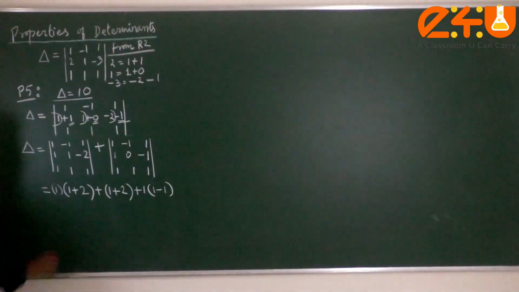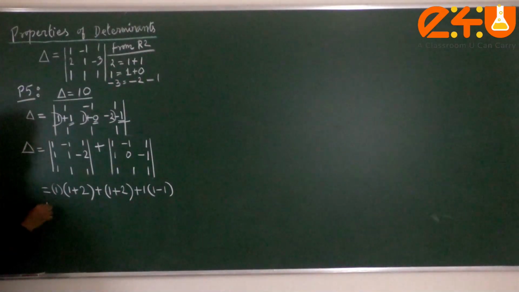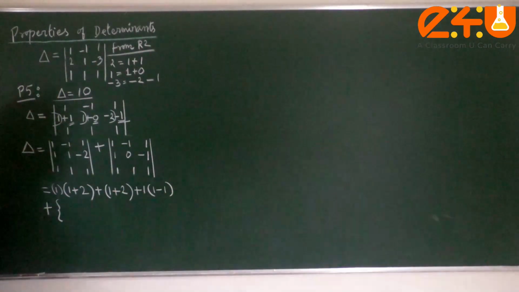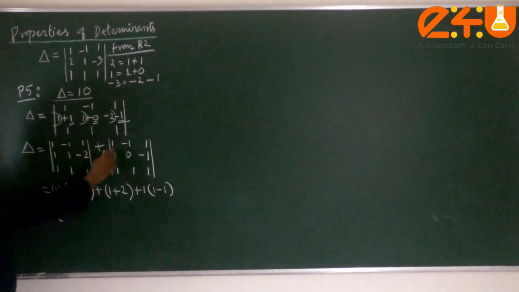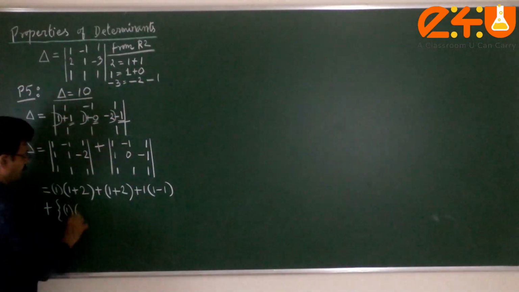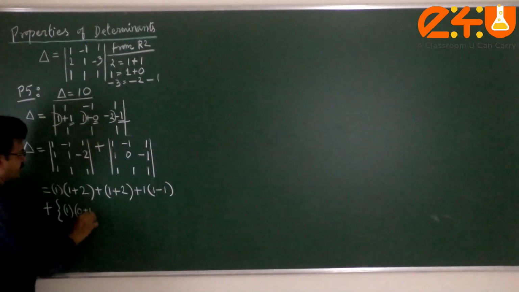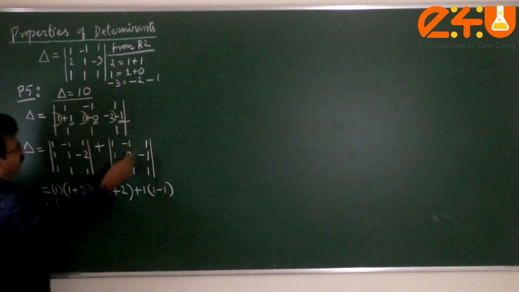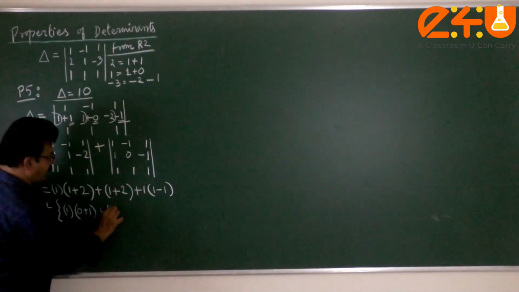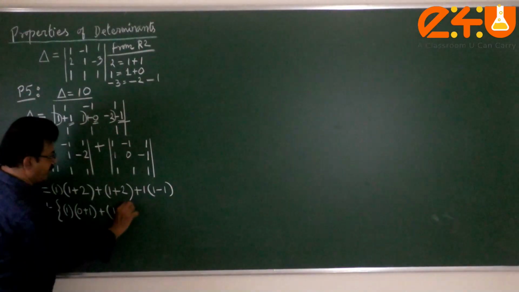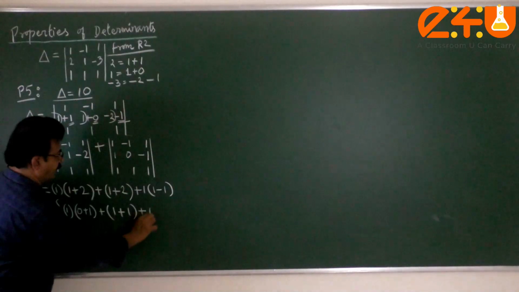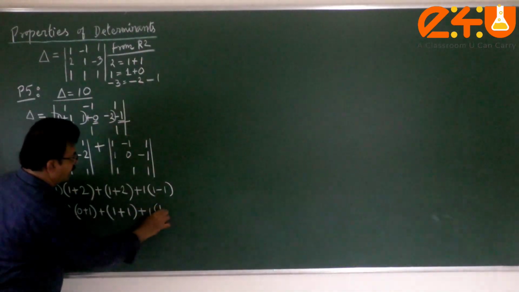Second determinant, let me write below the first determinant, probably just open a parenthesis to make a difference. Okay, first element 1. What is the cofactor? 0 minus of minus 1, so it is plus 1. Cofactor changes the sign, so it is positive 1 into the minor is 1 minus of minus 1, and thereafter the last 1 into 1 minus 0.